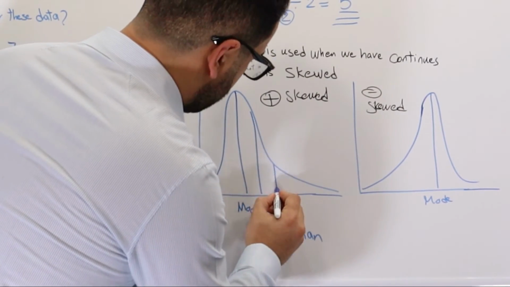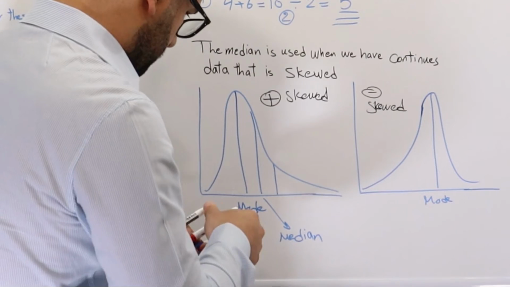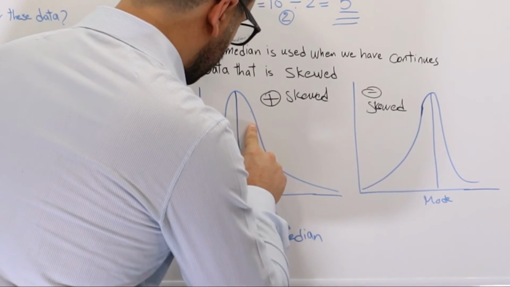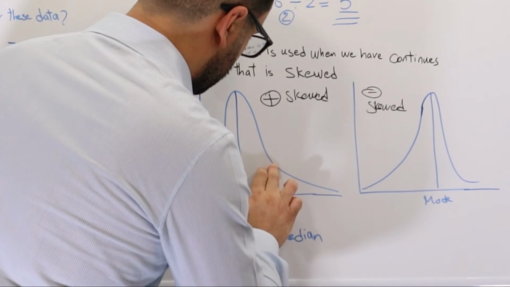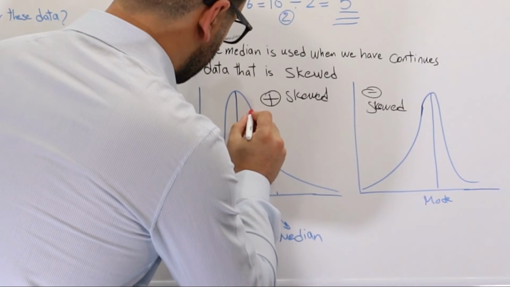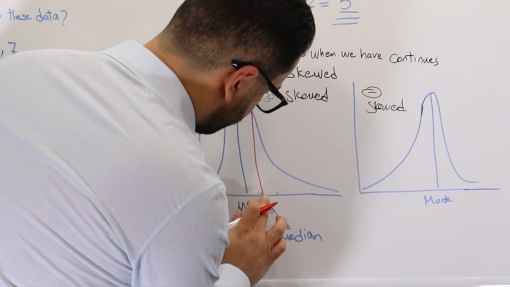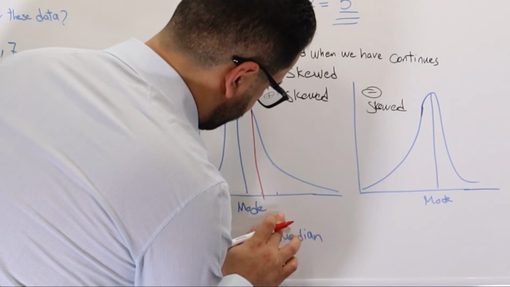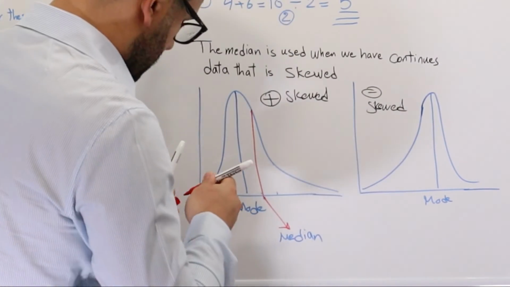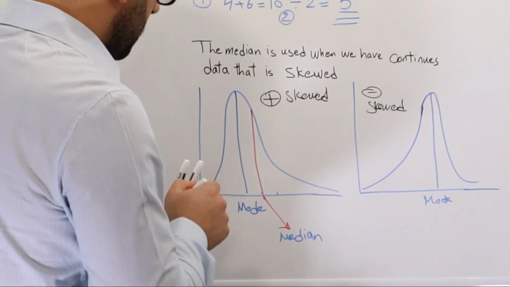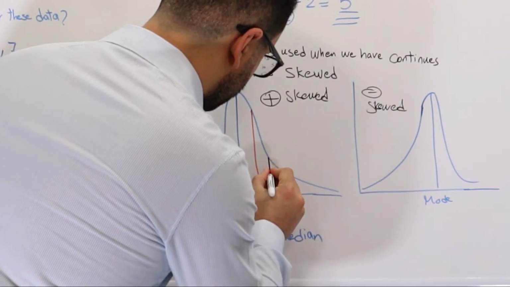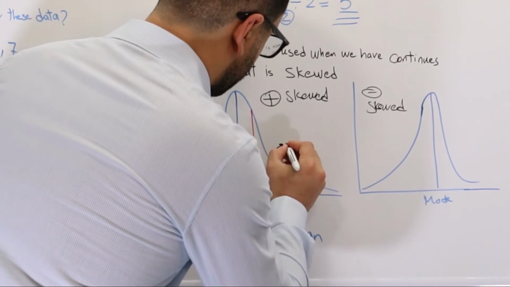Actually, let me make them different colors to make it easier to understand. This is the median over here, and the last value over here would be the mean.